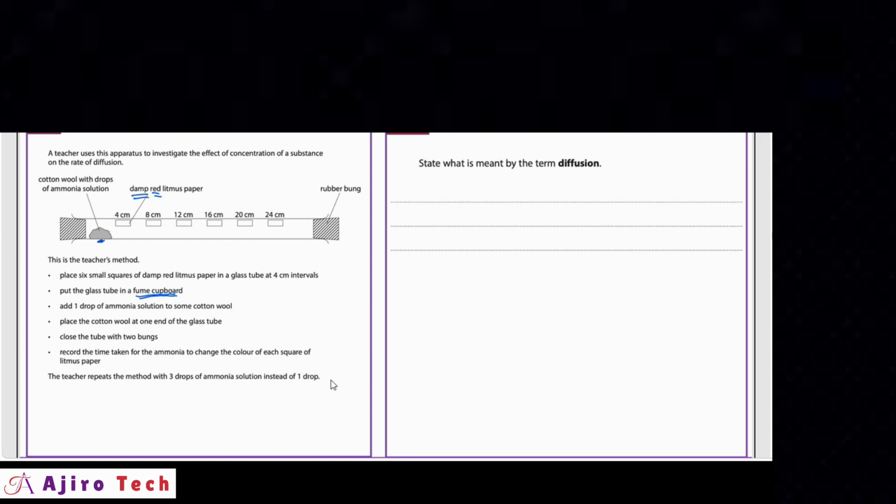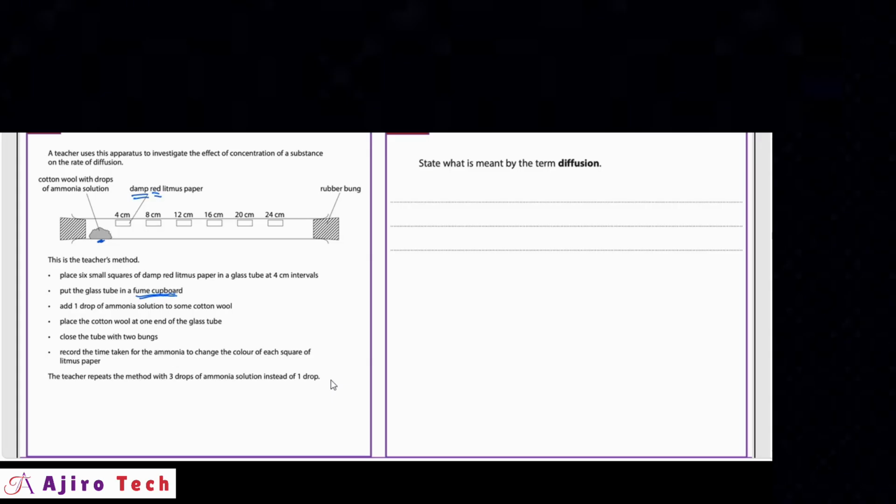That is the reason why laboratory scientists normally do their work with that kind of chemical there. They pour the chemical, and do whatever they want to do with the chemical, inside this fume cupboard.